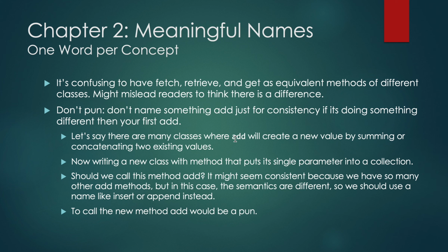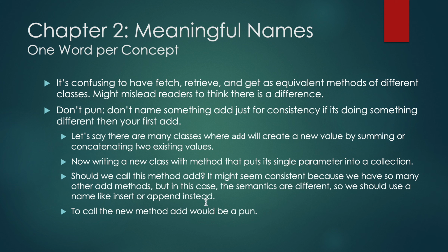Because those are different semantics. I'm not concatenating or merging two lists. What I'm doing is appending an item into an existing list. And so maybe something like append or insert would be a better name here, because the semantics are different, right?